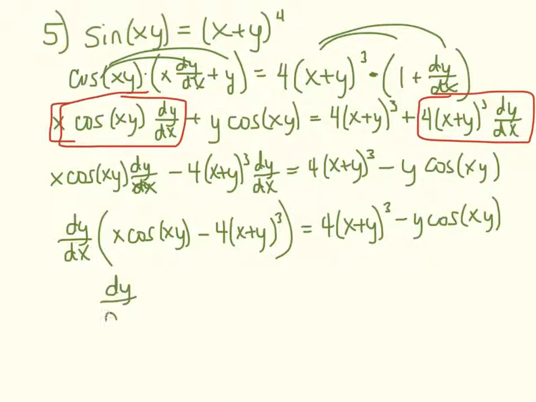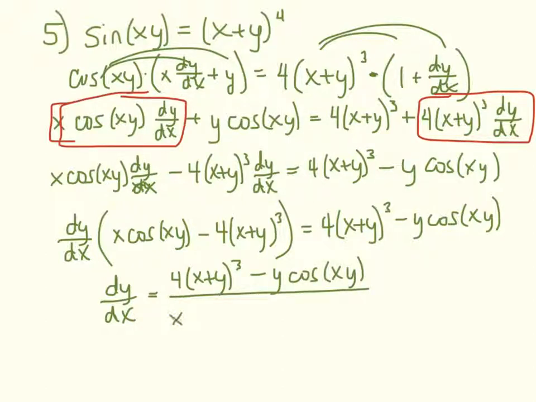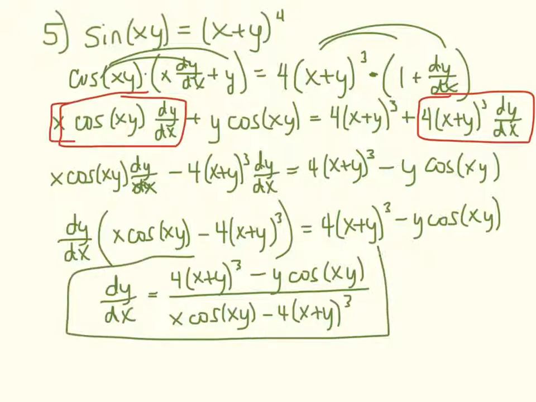So dy/dx equals 4(x plus y) cubed minus y cosine xy, all over x cos xy minus 4(x plus y) cubed. Believe it or not, that is our final answer, this whole big thing.